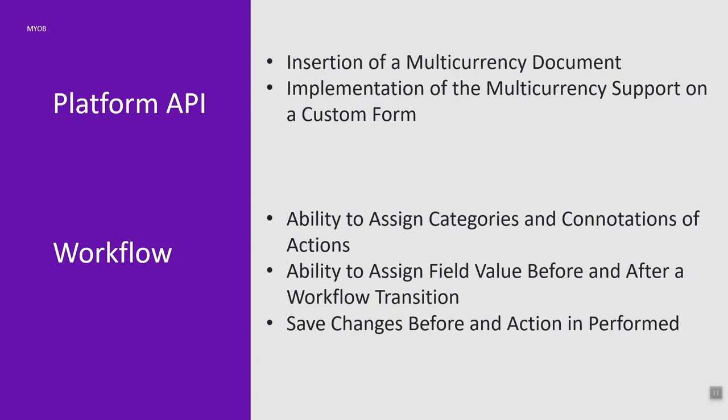In the workflow area, it discusses how to assign categories and connotations to actions through the code, as well as technical changes to support the ability to assign a field value before and after a workflow transition. Please refer to the release notes if you would like to obtain more information on this.